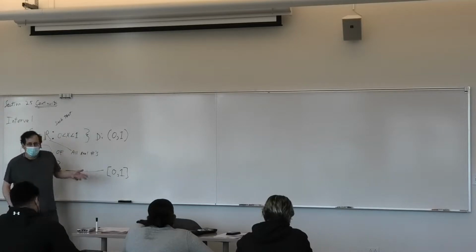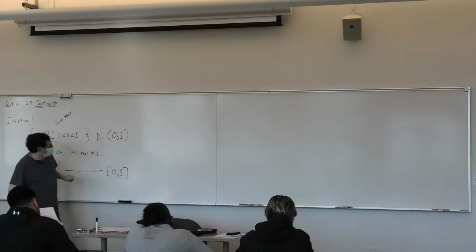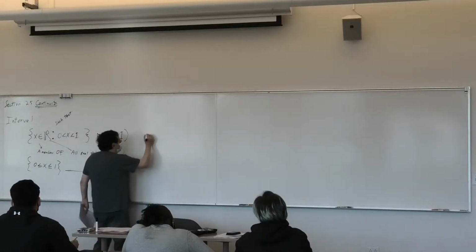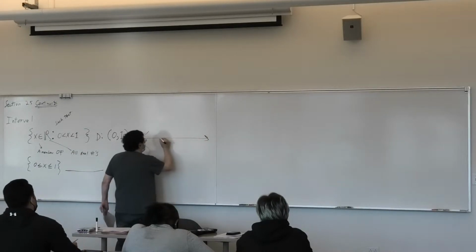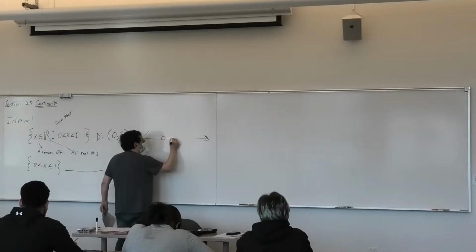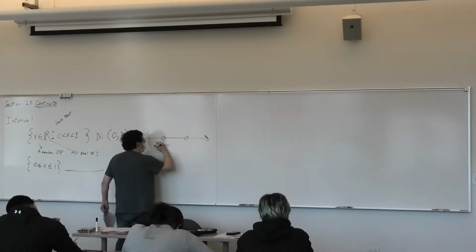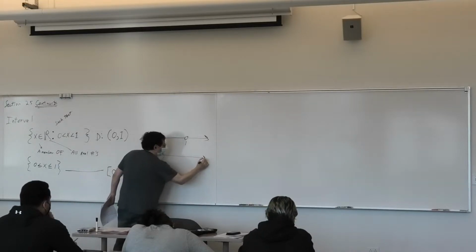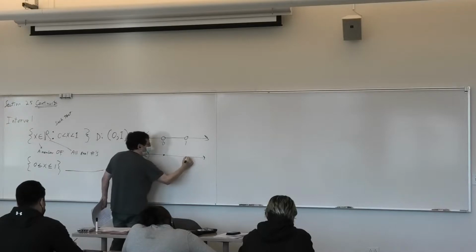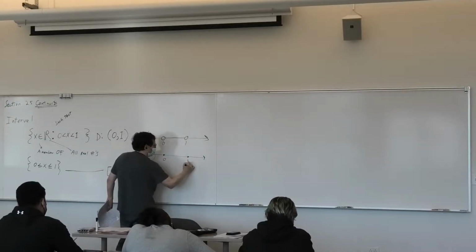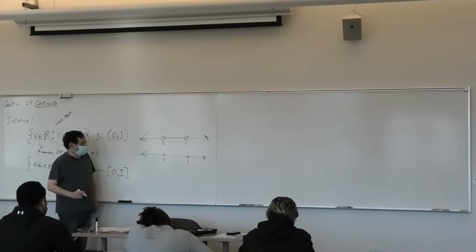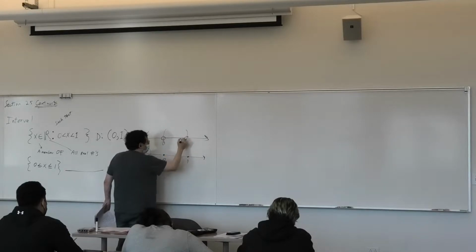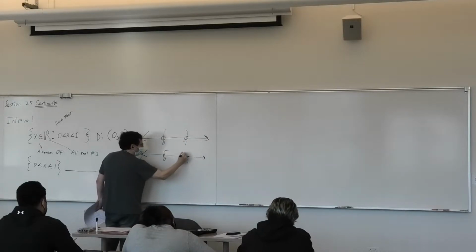Since we're going to use that term a lot, I want anybody who's unclear on what an open interval and a closed interval is to pay attention. If you're drawing a number line, you might draw an open interval by putting little circles at 0 and 1. If you're talking about a closed interval, you might put a little solid dot, or some books will just put parentheses to mean open and brackets to mean closed.